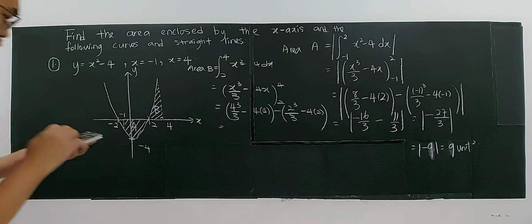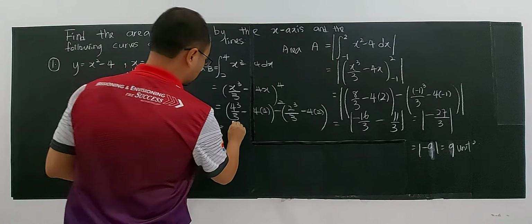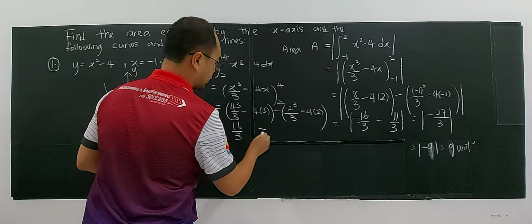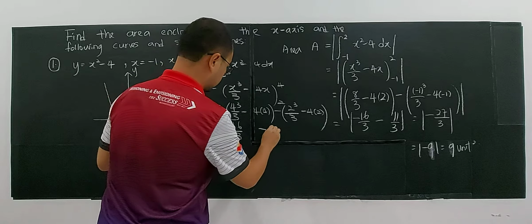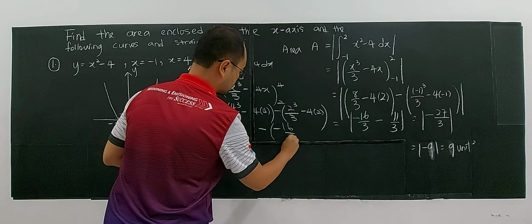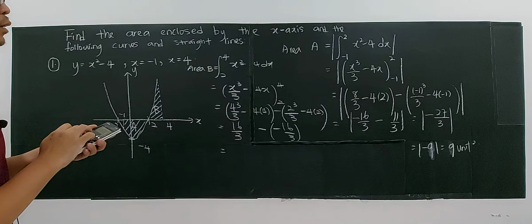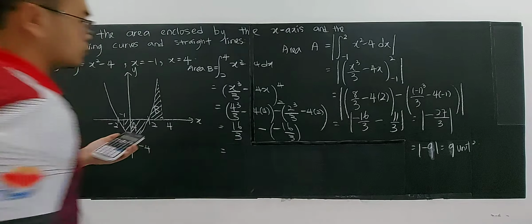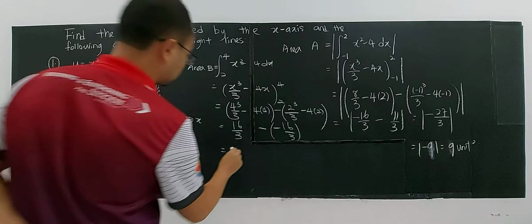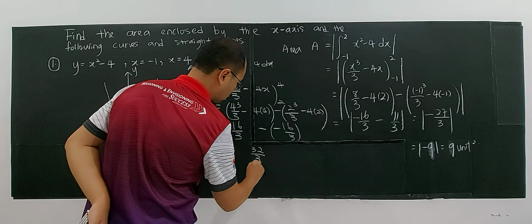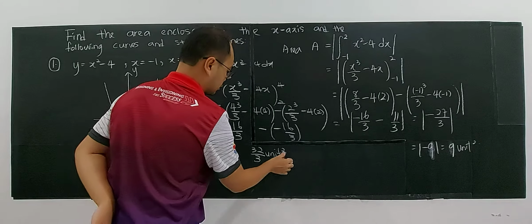Let's evaluate this. We're getting 16 over 3, take away negative 16 over 3 for this side, so we get 32 over 3 units square.